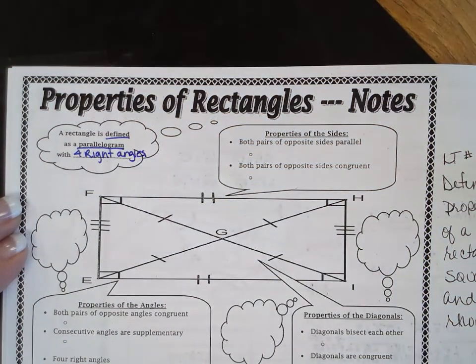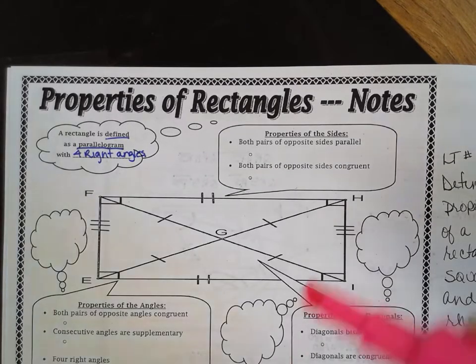Okay? So that basically means that all the properties that we talked about for a parallelogram, where both pairs of opposite sides are congruent, the lines are parallel, the diagonals bisect each other, those all are still going to stay. But now we're just adding the 4 right angles.